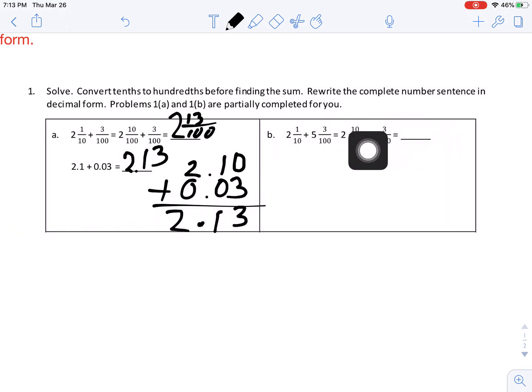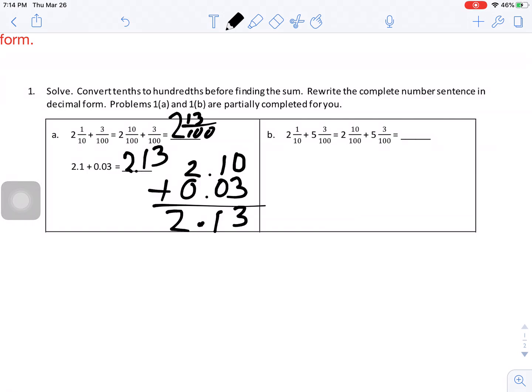On number 2, the fraction part was done for us. So we have 2 and 1/10 plus 5 and 3 hundredths. They turned the 2 and 1/10 into 2 and 10 hundredths, just as we did over here. They just multiplied the 1/10 by 10 on the bottom and the top, and they got 10 hundredths. So now, when we add them, we have to make sure we line up the places.